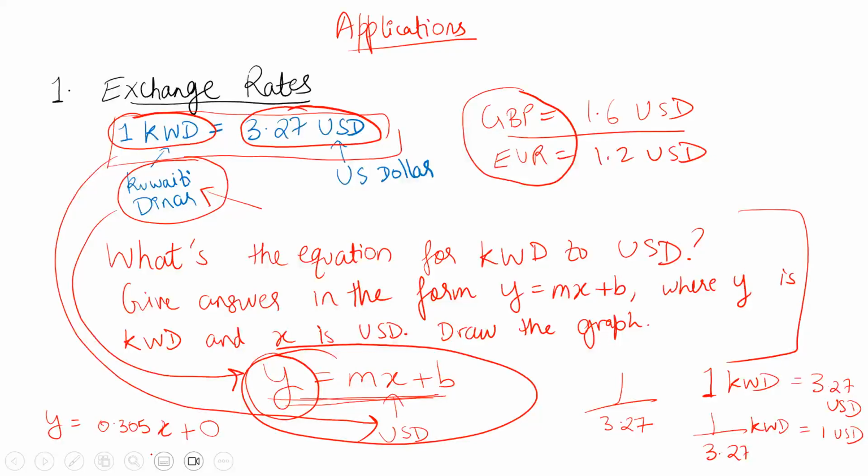So for any exchange rate, if you have 0 of one currency, it's equal to 0 of the other currency. And so 0 United States dollar is equal to 0 Kuwaiti dinar, so that's why it's 0. So this is basically the equation.